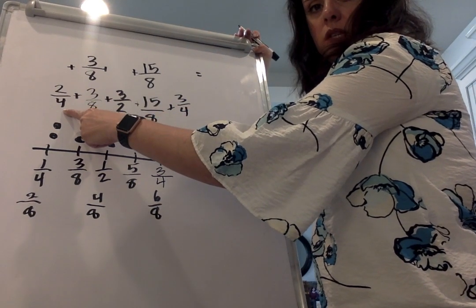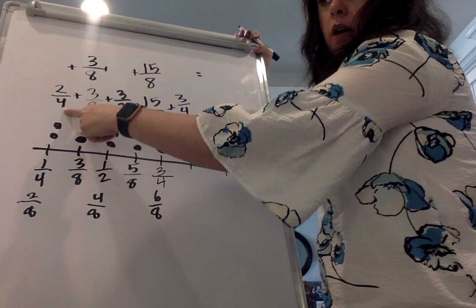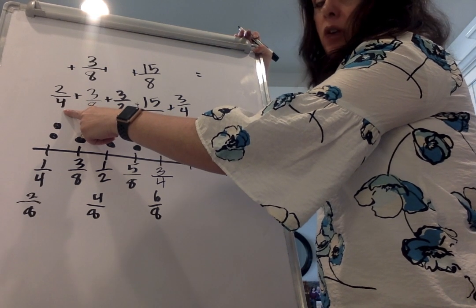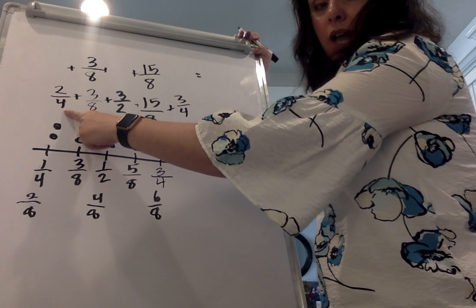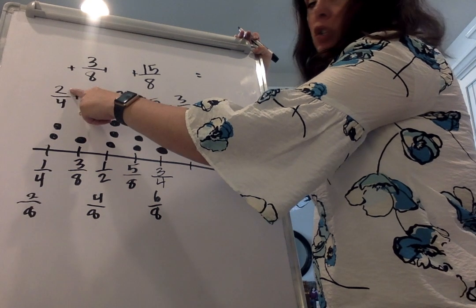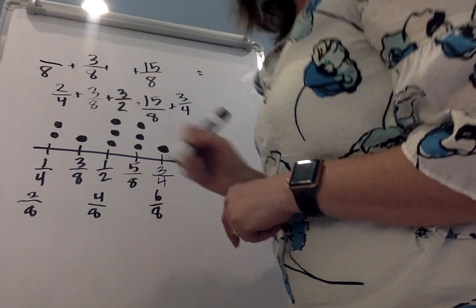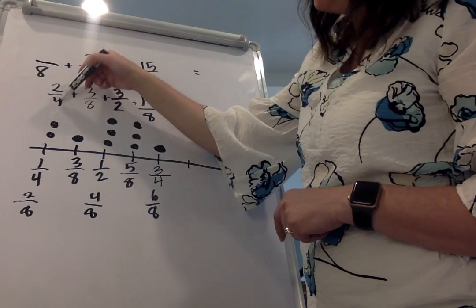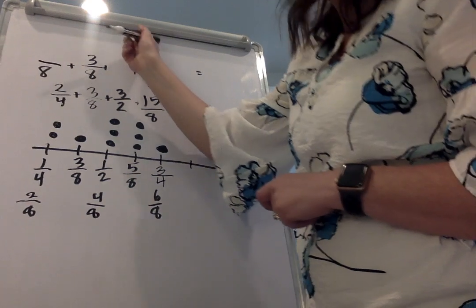I need to turn this one into an equal fraction with a denominator of 8. To get from 4 to 8, we times by 2, right? So I would need to do the same to this numerator, and that would give me my denominator of 8, okay? 4 times 2 is 8, so for our numerator, 2 times 2 is 4, okay?